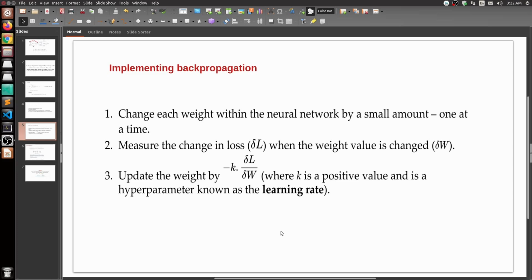Intuitively, that makes sense, because if changing a weight reduces the loss by a large value, then we can update the weight by a large amount. However, if the loss changes only a little by changing the weight, then we update it only by a small amount.